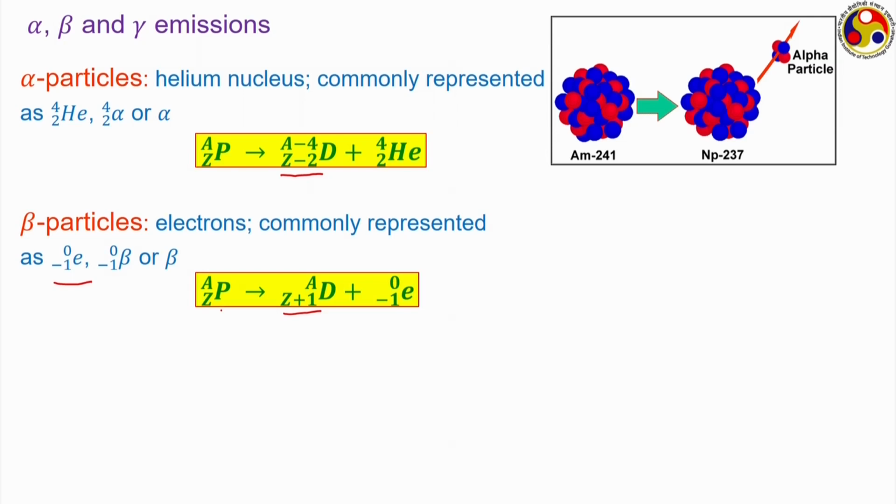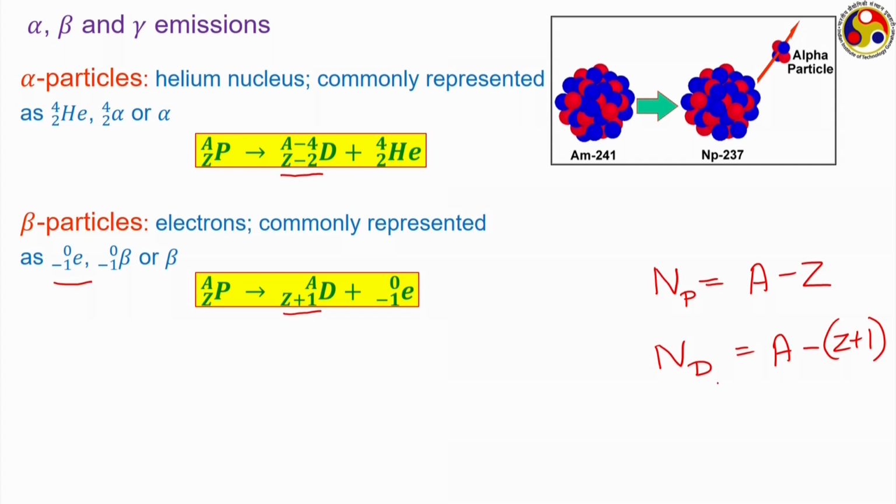In the parent, the total number of neutrons n is equal to A minus Z, and for the daughter, A remains the same, but the number of protons has increased by 1.